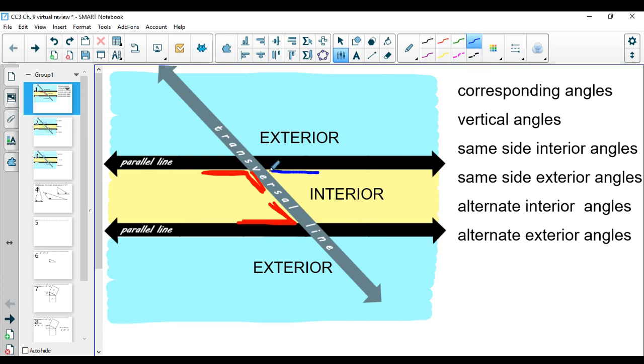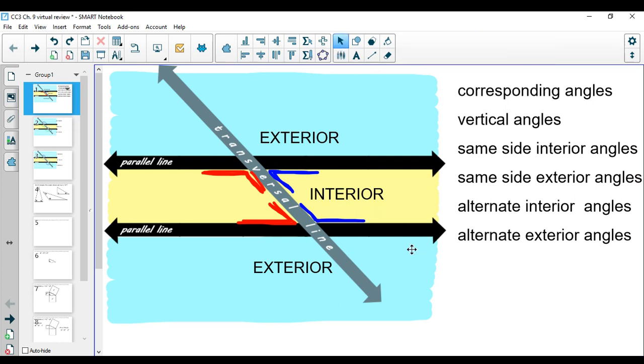If I choose angles on the right side, this angle's inside the parallel lines, inside the parallel lines. And what's significant about same side angles when they're interior or exterior is they're not equal to each other. Same side interior angles will actually add up to 180.